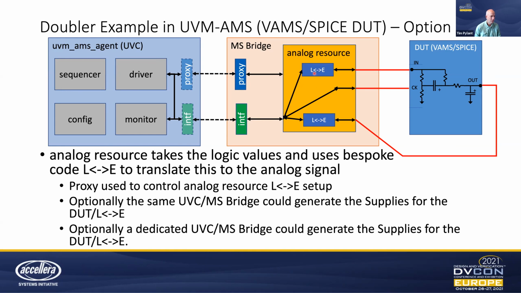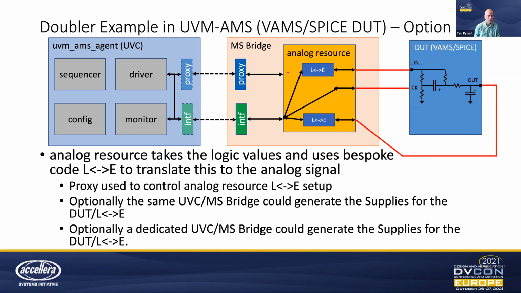So we need to program in maybe what the voltage or the VDD for the analog resource is, so it knows what a logic 1 should be on the electrical. So you would have a proxy here, set voltage or set VDD, that you could say 1.8 volts. And so if it sees a logic 1 come in, it knows to drive an electrical value of 1.8 volts for a logic high.